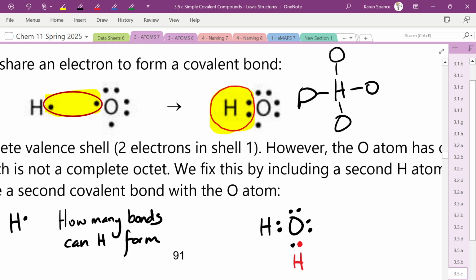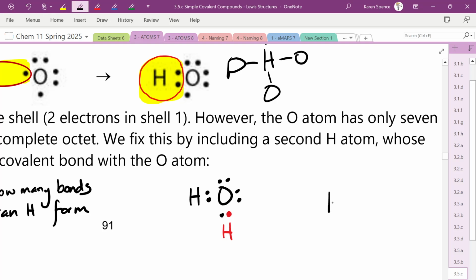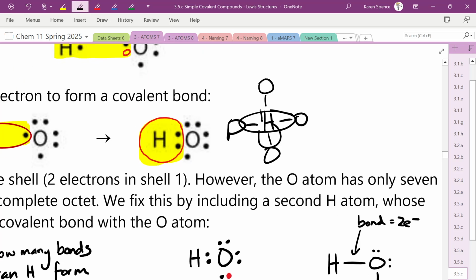Well, let's take a look at this one here. Here we have hydrogen. And it's got a bond, right? Which is 2 electrons. And there's the oxygen. Another hydrogen. Is hydrogen able in that first shell to accommodate any more electrons? Will that first shell hold more than 2 electrons? No. Therefore, hydrogen cannot have 4 electrons or 6 electrons or 8 electrons.